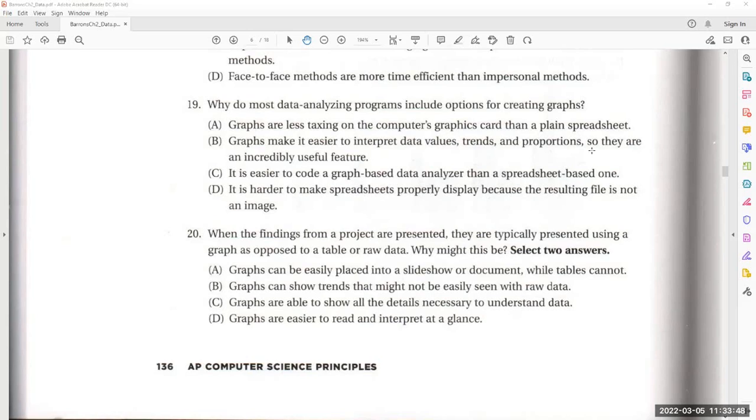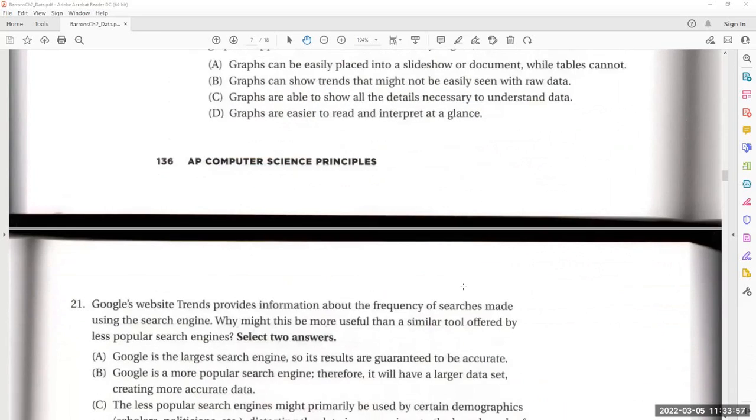B and D. Yeah, B and D. Data representation. You want to find a trend and it is easier to interpret. Okay, so number 20 is B and D.